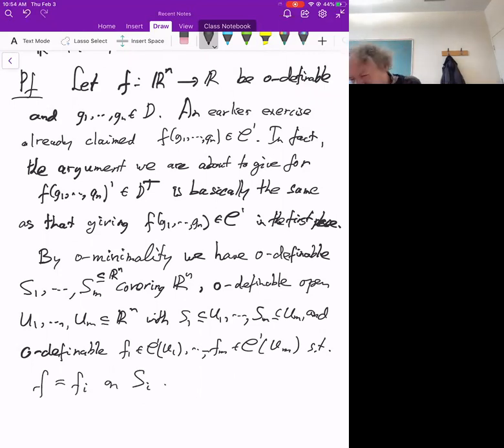So that is an accurate version of stating that zero definable functions in an O-minimal expansion of the reals are piecewise C1.